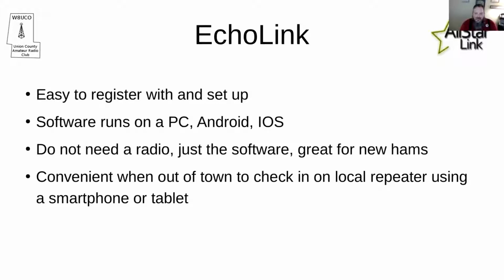So it's really great for new hams, especially new hams that haven't purchased a radio yet. And it's convenient. When you're out of town and you want to check in or talk on the local repeater, you can use the Echolink app on your smartphone to connect to it, and it's pretty easy to use.